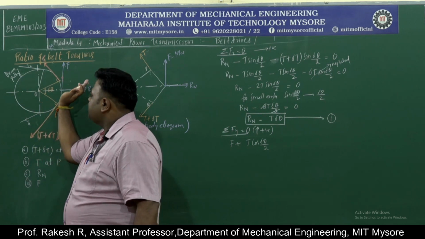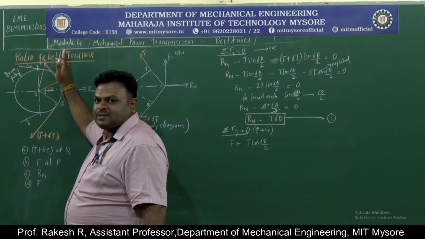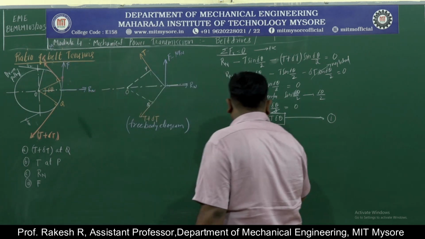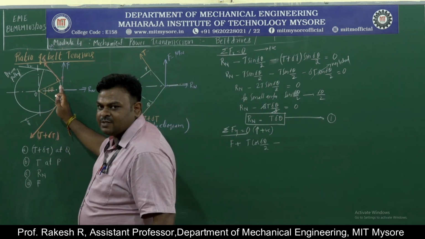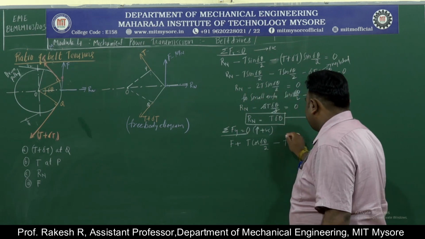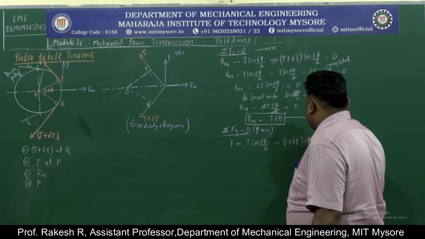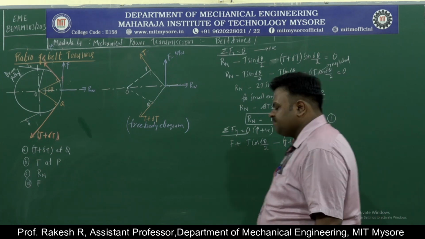Then this will be acting vertically upwards. That's why T cos delta theta by 2, minus this force will be acting vertically downwards. Since it is acting downwards, we will be considering negative: (T plus delta T) cos delta theta by 2, equal to 0.